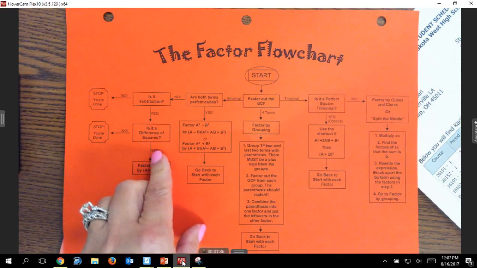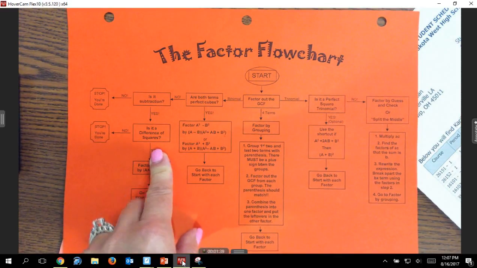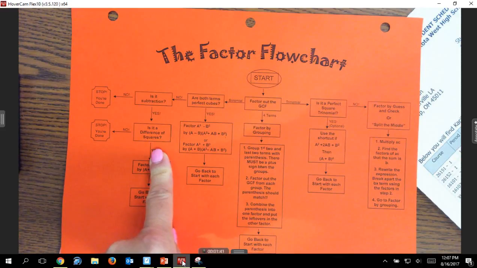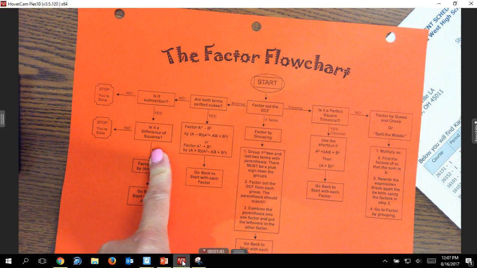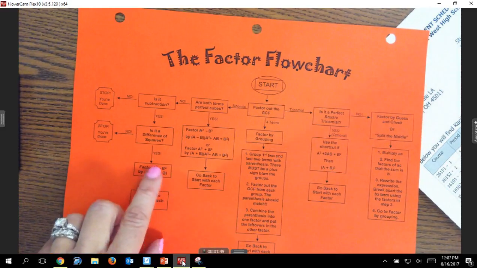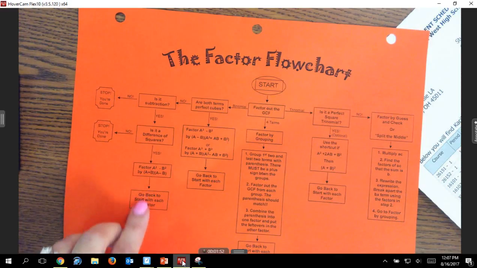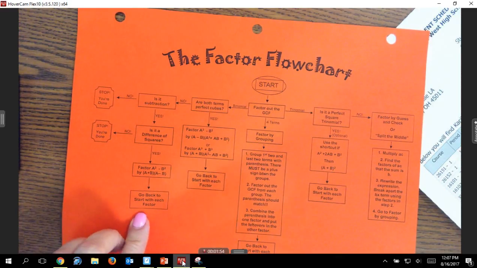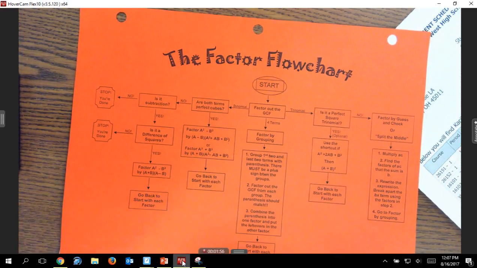So I'm going to go down, and is it a difference of squares? So we're taking 2 perfect squares and subtracting them. X squared minus 9, yes. So then it tells you how to factor it. It says to do this factoring, which I'll do in just a second. And then after that, there's one more arrow that says go back to start with each factor. So we'll go through that.